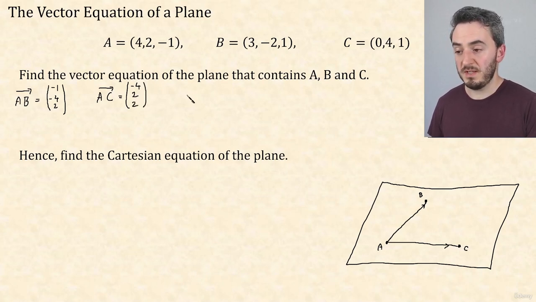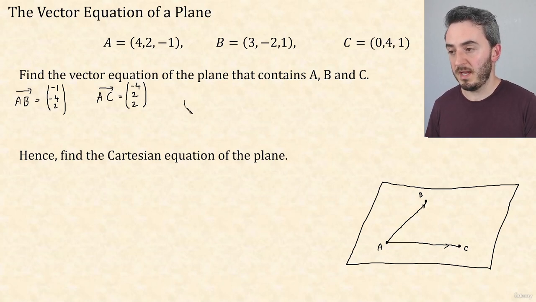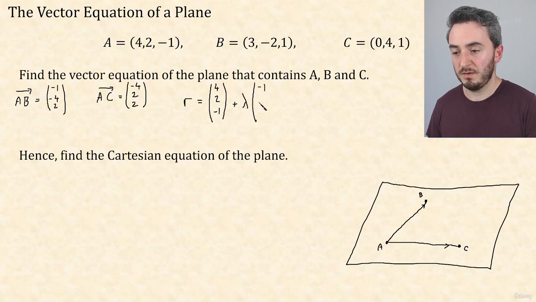So the vector equation of the plane is r equals any point on the plane, so let's go with A, (4, 2, -1), plus any amount of AB, (-1, -4, 2), plus any other amount of AC, which is (-4, 2, 2).